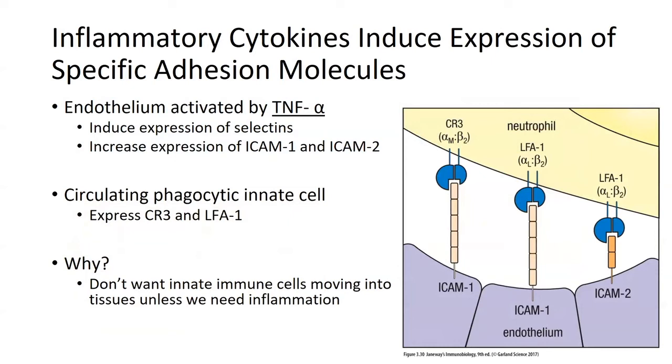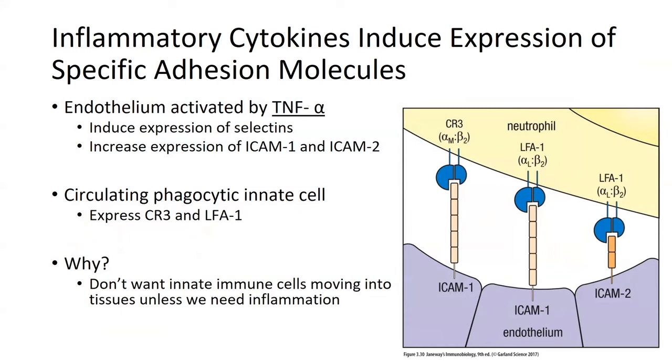And this is achieved in part through this interaction between cell surface molecules on the innate immune cells and on the endothelium. One of the things that activates the endothelium is TNF-alpha, tumor necrosis factor alpha. This is an important factor to remember because it comes up again and again in the function of the immune system.